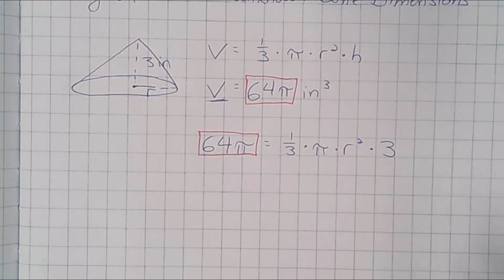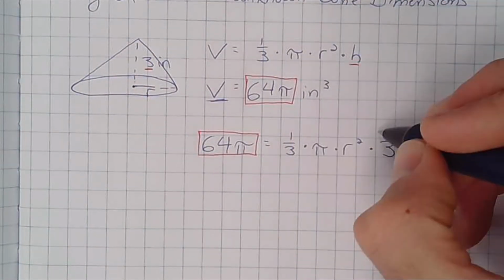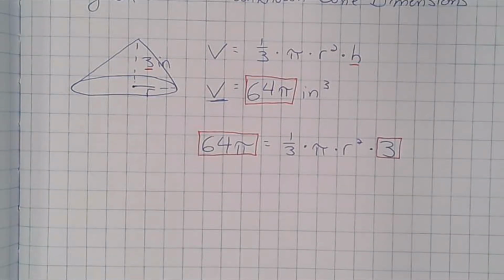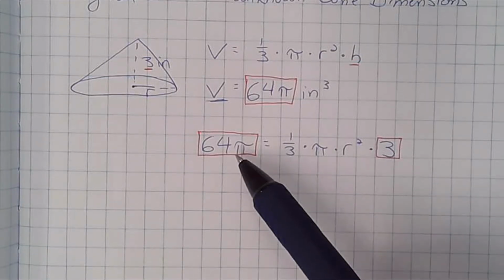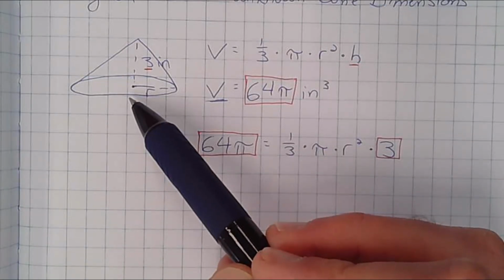And we know that the height is 3, which was right here, and that's why it's right here. So all we've done so far is replace letters in our formula with numbers from this specific cone. Here's our specific cone, whose volume is 64 pi.